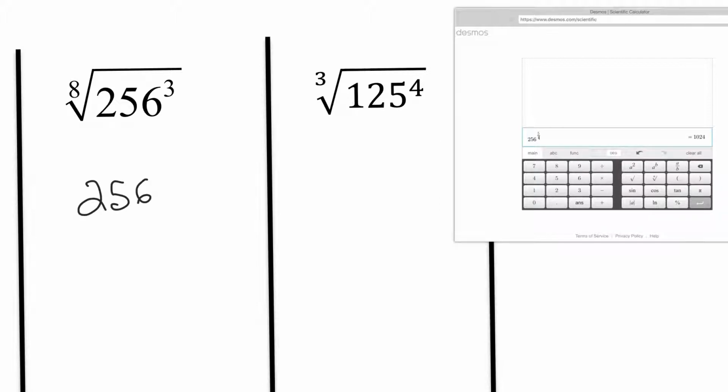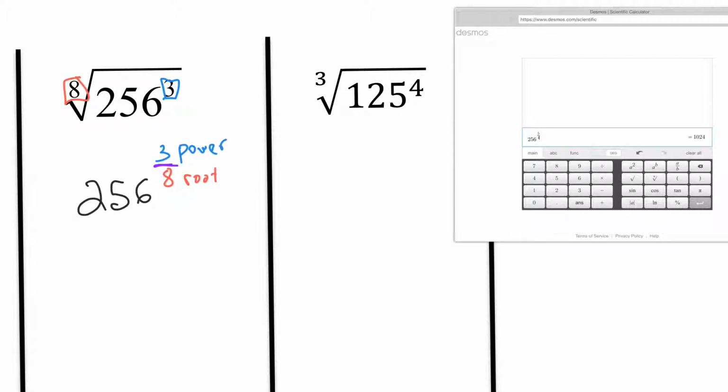I have my fraction here, and my root is 8, so that goes on the bottom of the fraction. And my exponent is 3, because that's inside of the radical as an exponent. So the power is 3.